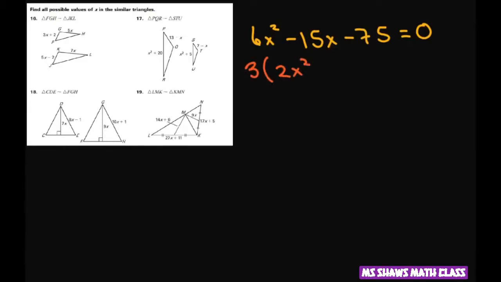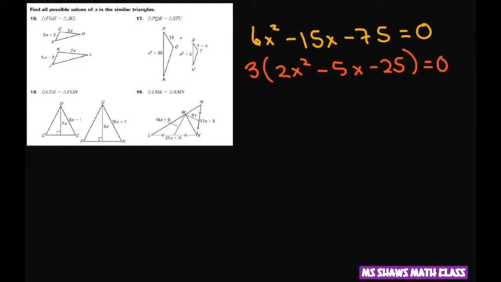So let's write that down again. We have 6x squared minus 15x minus 75 equals 0. Now I'm going to factor out a 3, and that will give me 2x squared minus 5x minus 25 equals 0.